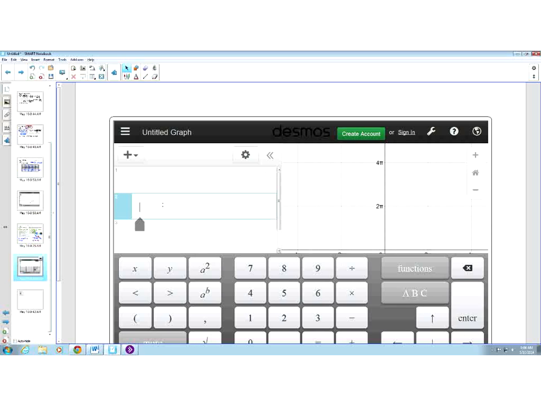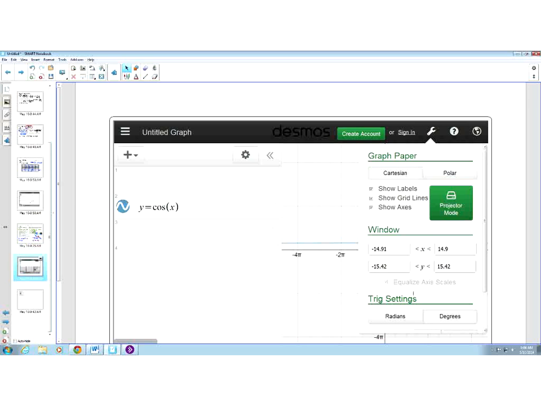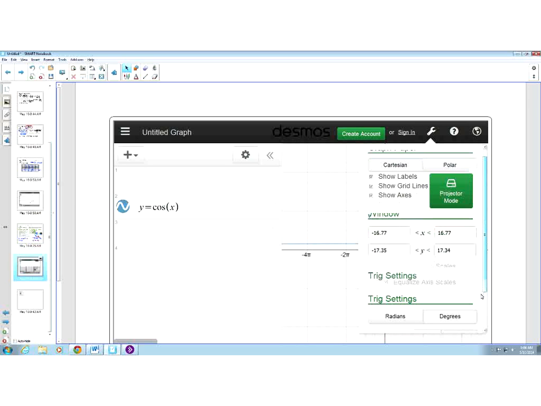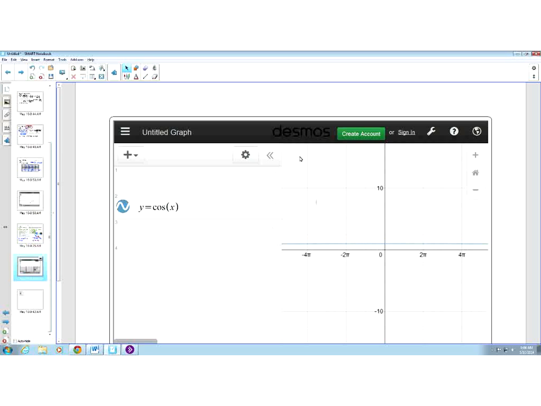So let's start off with the graph y is equal to cosine x. That's not cosine x. Oh, the y-axis is, darn, let me fix the window settings. I want the output to be this way. Why is that not right? y is equal to cosine x. Do I need to zoom in, zoom out?